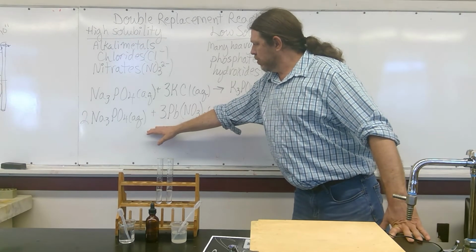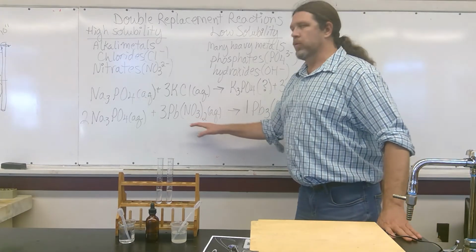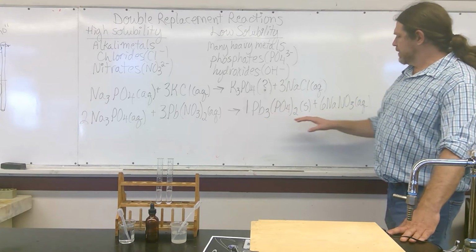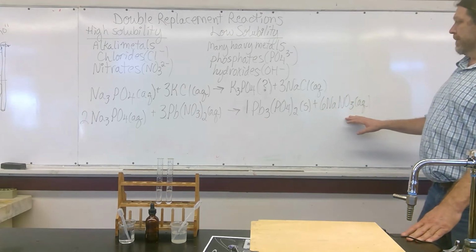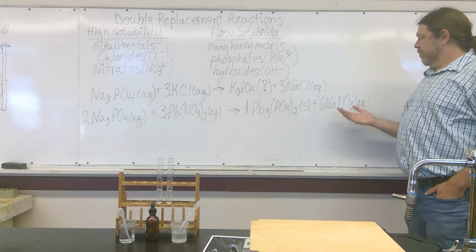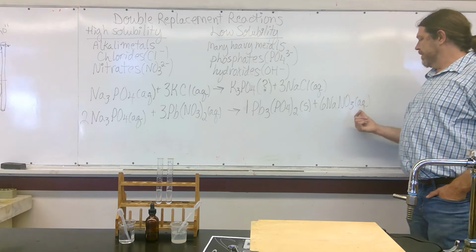We will also look at sodium phosphate combining with lead nitrate, which we predict will produce lead phosphate and sodium nitrate. According to the solubility rules, there is a pretty high likelihood that sodium nitrate will be aqueous.